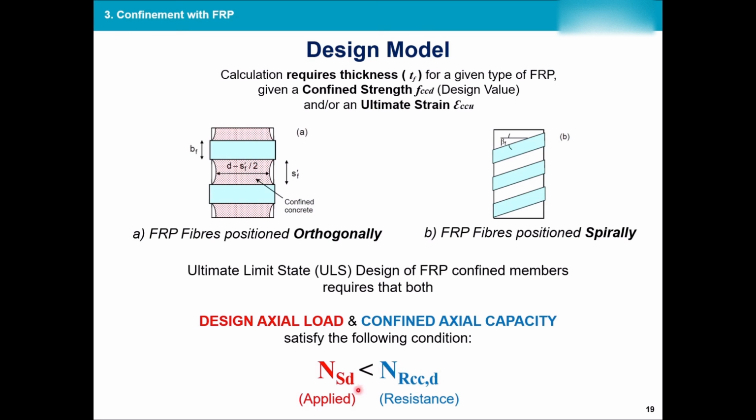And as long as that is higher than your applied load, which is due to your dead load or live load or whatever you have on your structure, like lateral load, then you have done a good job. The confinement is not necessarily just straight fibers. It can have some angles as well, and we will discuss this and how they affect the design as well.